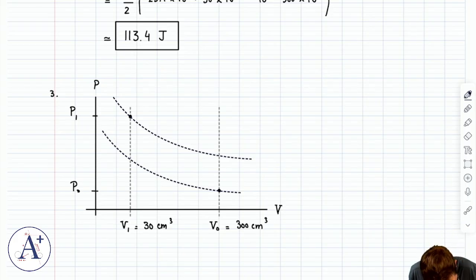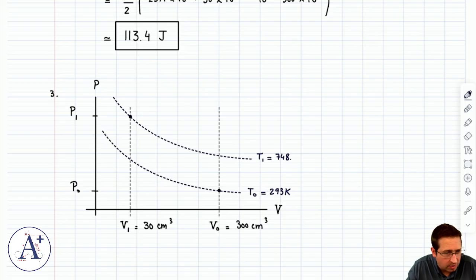The idea is that this is going to be the T0 is equal to 293 Kelvin isotherm, and this is going to be the T1 is 748.6, or whatever it is we found, 0.6 Kelvin, isotherm.